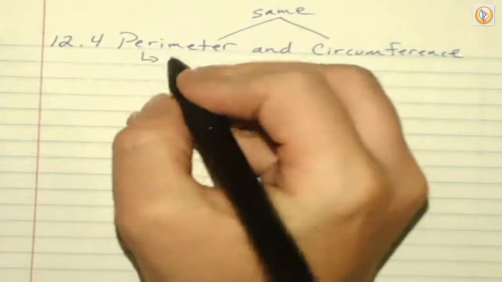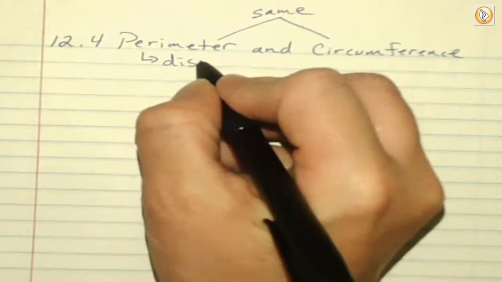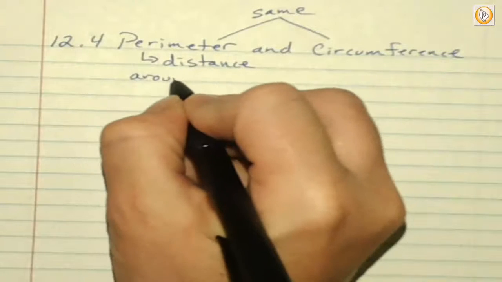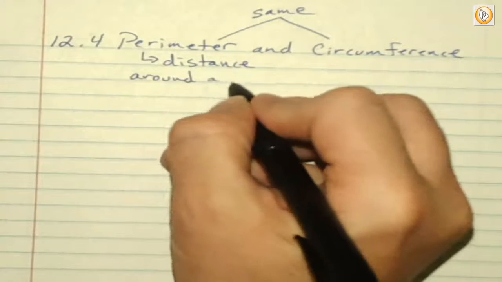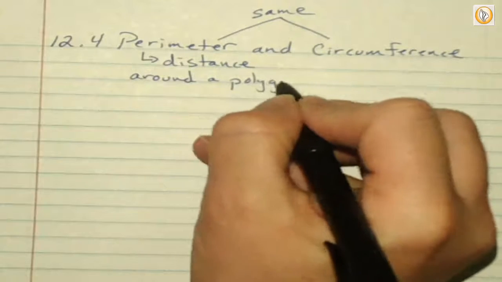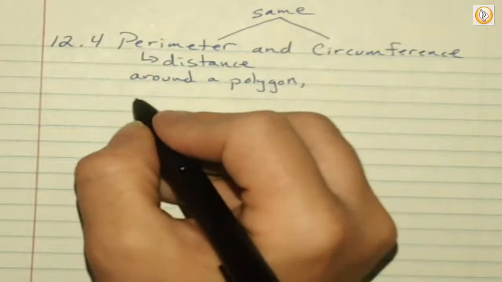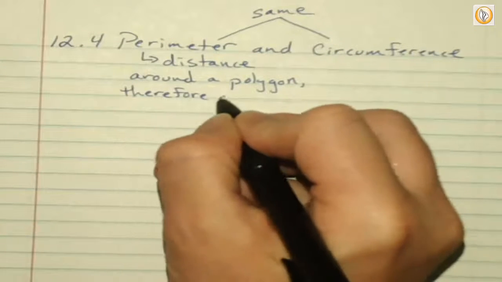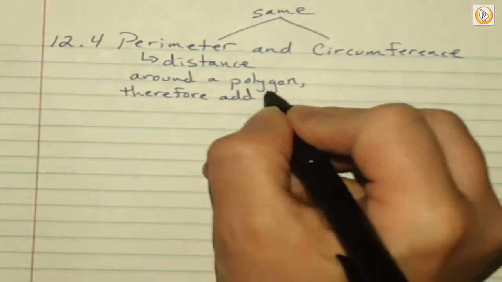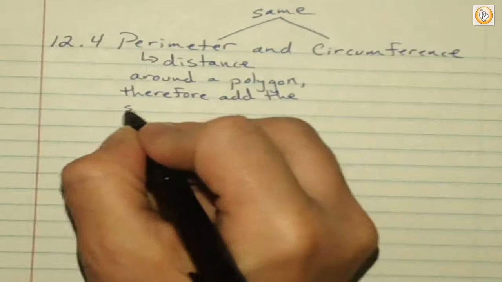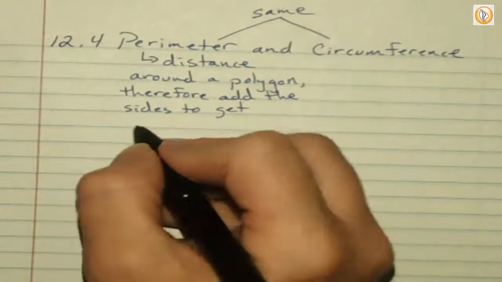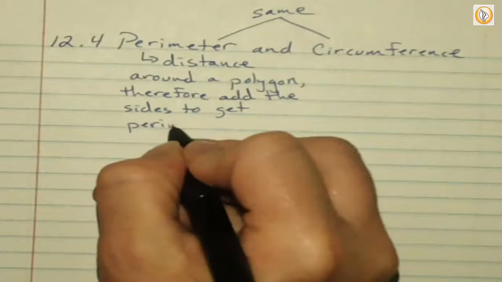Perimeter is the distance around a polygon. Therefore, add these sides to get perimeter.